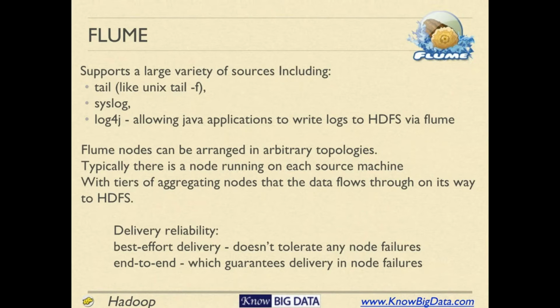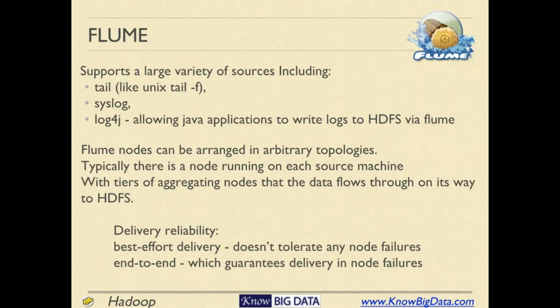Now, Flume nodes could be arranged in arbitrary topologies as we showed you in the previous screen. And typically there is a node running on each source machine. Source machines are the machines which are producing data. And when you have these tiers of aggregating Flume agents, the data flows its way to HDFS.